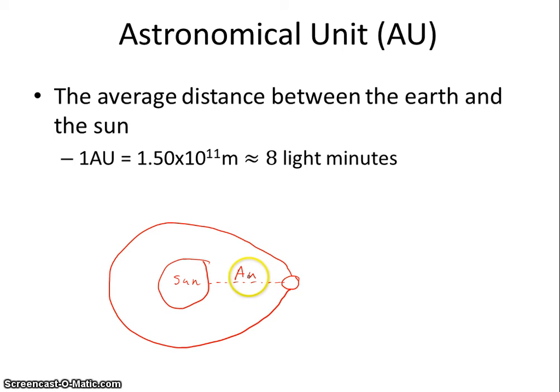It's equal to 1.5 times 10 to the 11th meters, and it's equivalent to about 8 light minutes. So that means light from the Sun takes about 8 minutes to cover this distance of 1 astronomical unit.